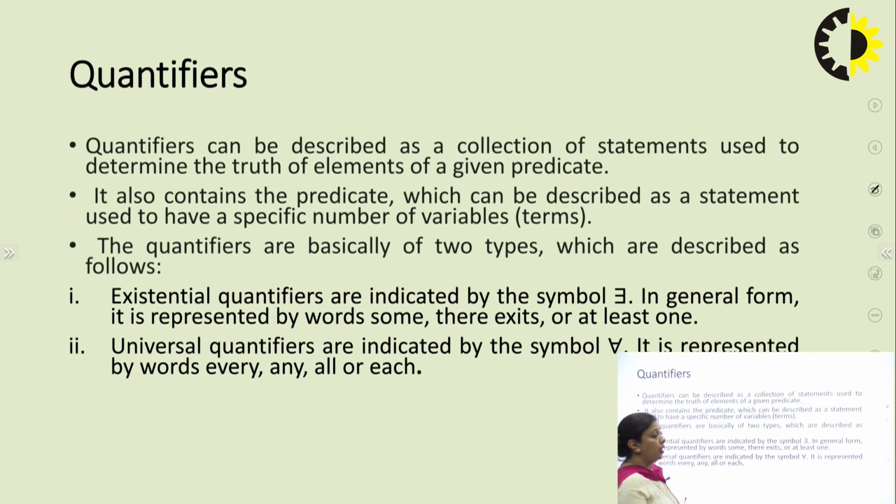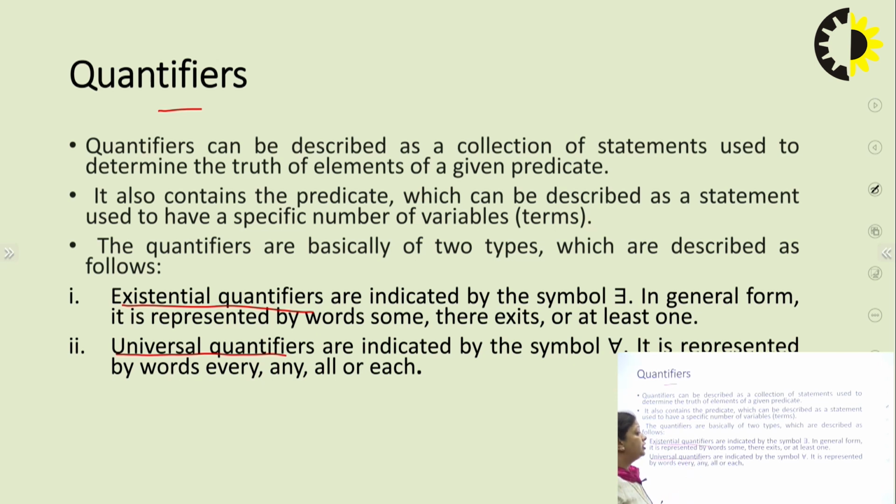Now we have something known as quantifiers when we talk about rules of inference. Quantifiers are basically described as a collection of statements which are used to describe the truth value of elements in a given predicate. We can divide these quantifiers into two categories. The first one is known as existential quantifier and the other one is known as universal quantifier.